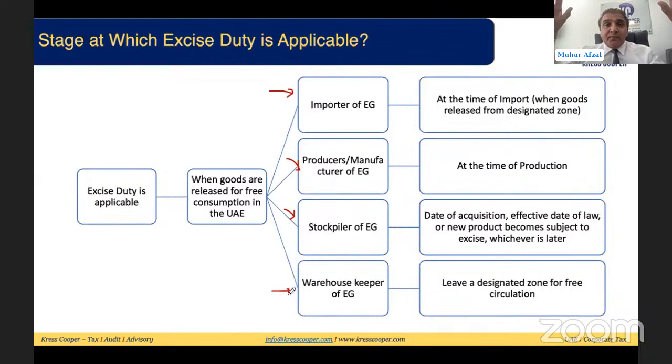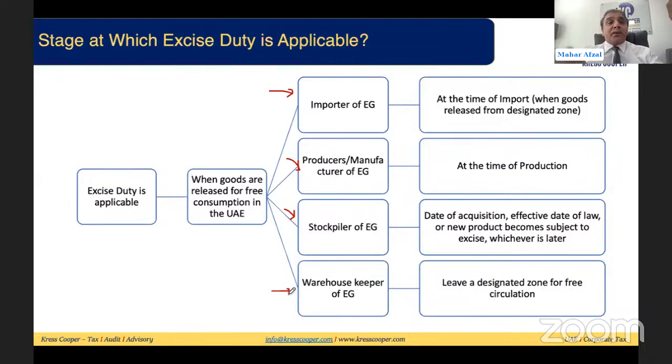Whenever goods are moving from one warehouse to another warehouse approved by the FTA, excise duty is still not applicable, because it is considered that the goods are moving from designated zone to designated zone, warehouse to warehouse, approved by the FTA and under the warehouse keeper's management and supervision. Whenever the goods leave the warehouse for consumption and free use, they will be subject to excise duty.